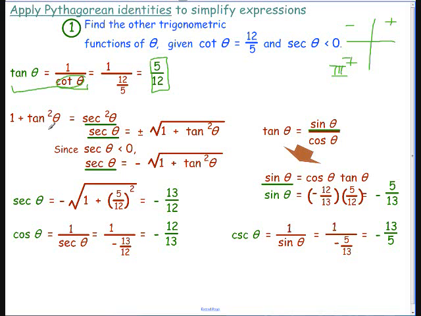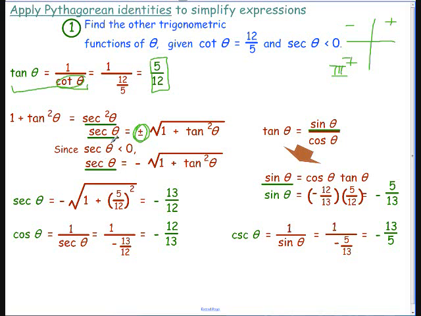All right. So we're going to rewrite that. Secant squared theta equals 1 plus tangent squared theta. And we'll take the square root of both sides. Please, please, please remember, when you take the square root of both sides, one side is going to be plus or minus.